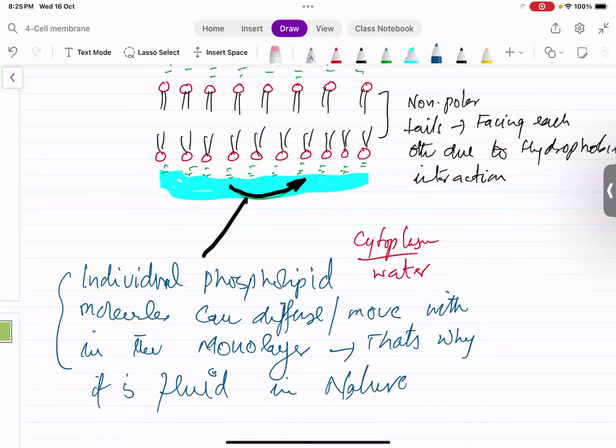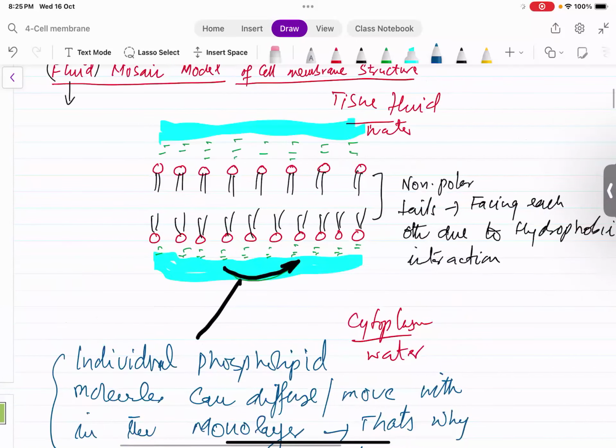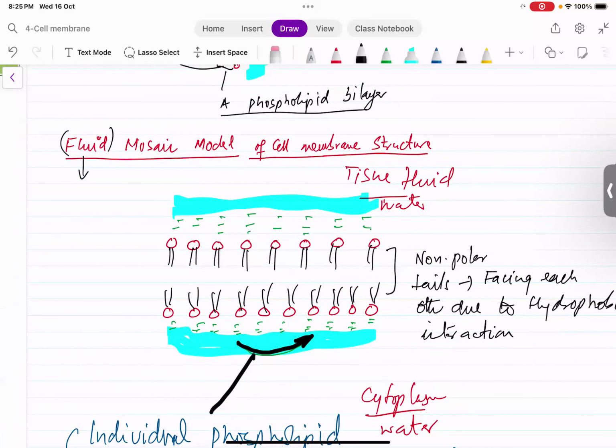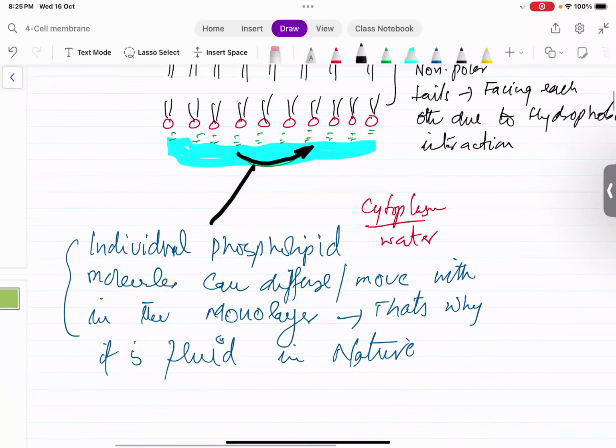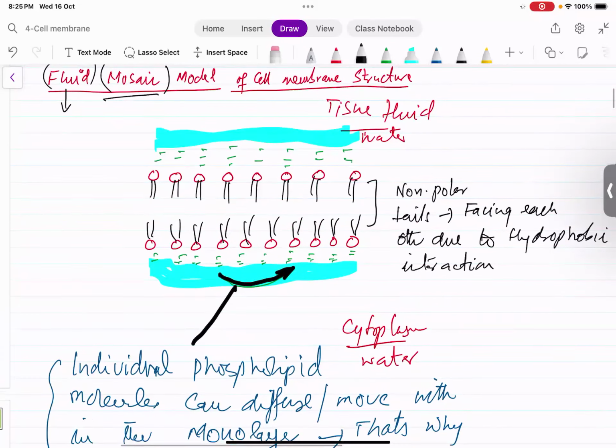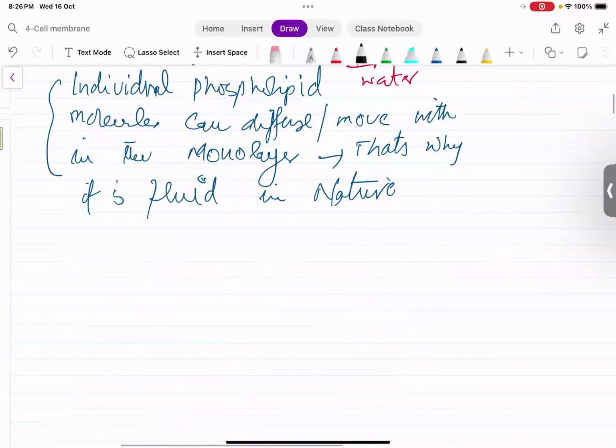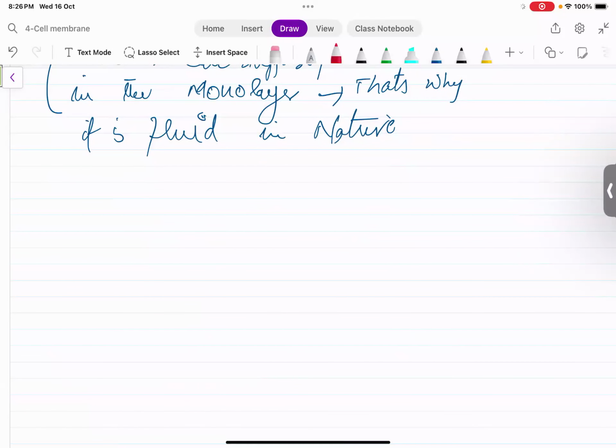And the second part is mosaic. Why do we call it a mosaic model? It is known as mosaic as the proteins are embedded in this phospholipid bilayer. I'll draw that again.